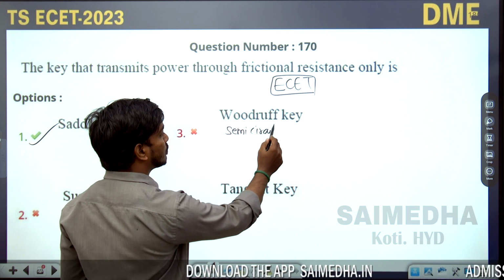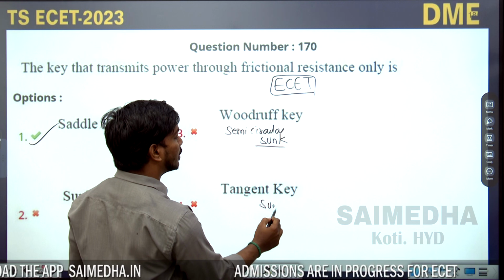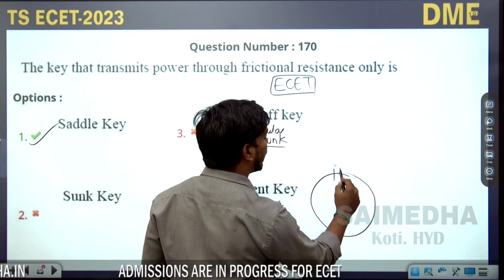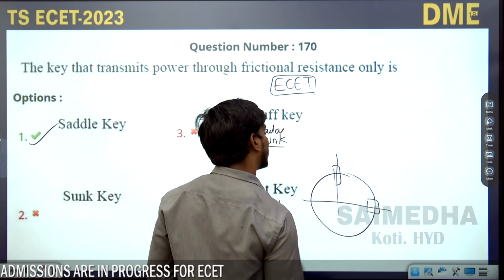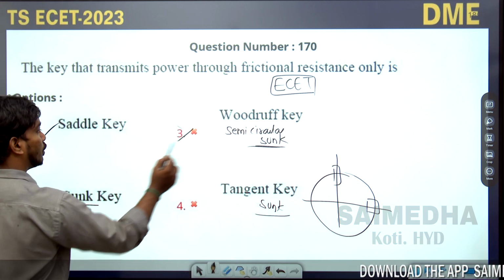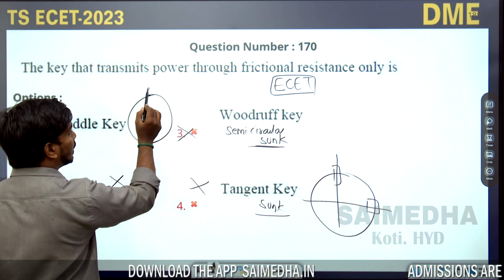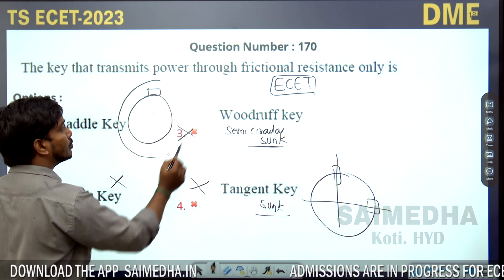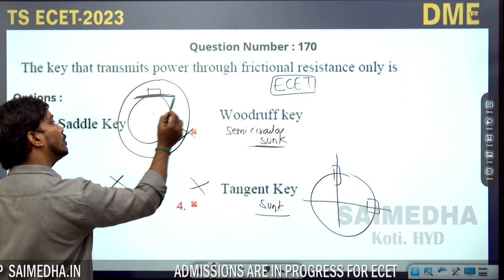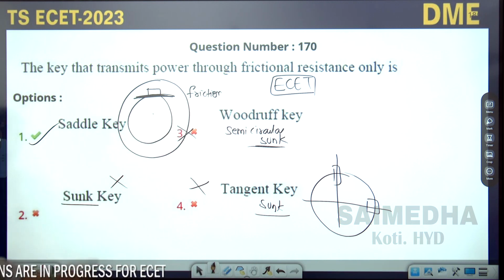Tangent key is a sunk key which is utilized in pairs. This is also a sunk key. So these three are wrong. Saddle keys are the keys which are only inserted in the hub and transmit the power wholly due to friction. So saddle key is the correct answer.